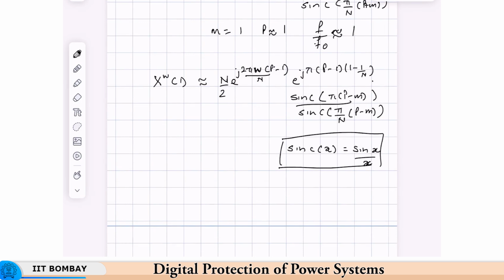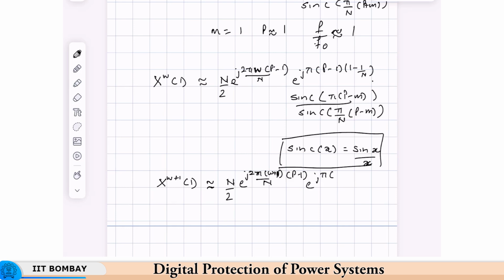Okay, so what would be, then we saw what if for the next window, this is approximately equal to n by 2. Everything else will be the same except that you get w plus 1 here into p minus 1 e raised to j pi.